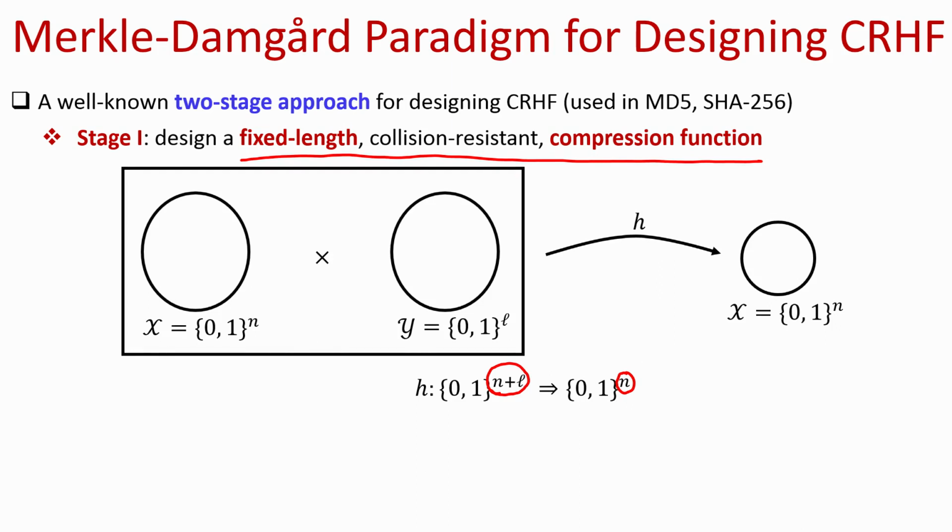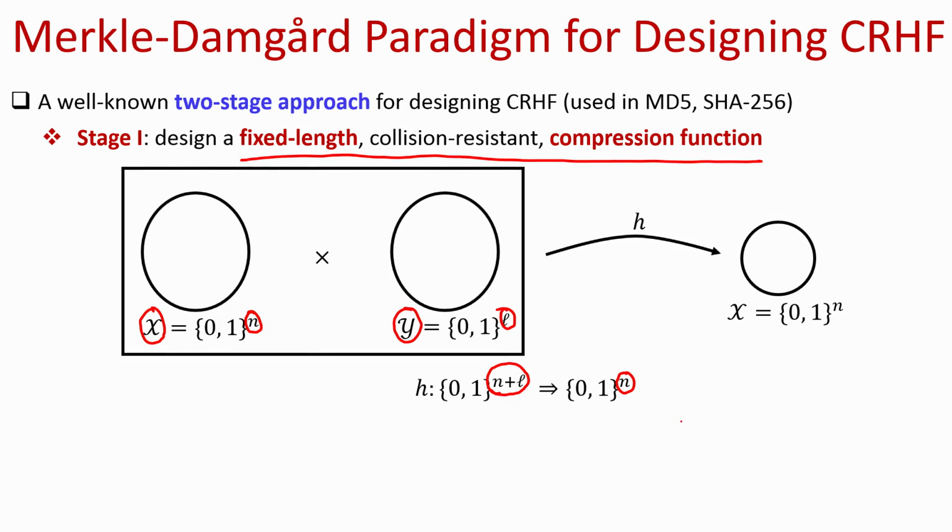Pictorially, in stage 1 we are interested in constructing some function h which takes an input of size n plus l bits, which can be parsed into two halves, the first half of size n bits and the second half of size little l bits. So you can interpret the domain of this function h to be the Cartesian product of a set X which consists of strings of length n bits and another set Y which consists of strings of length little l bits.